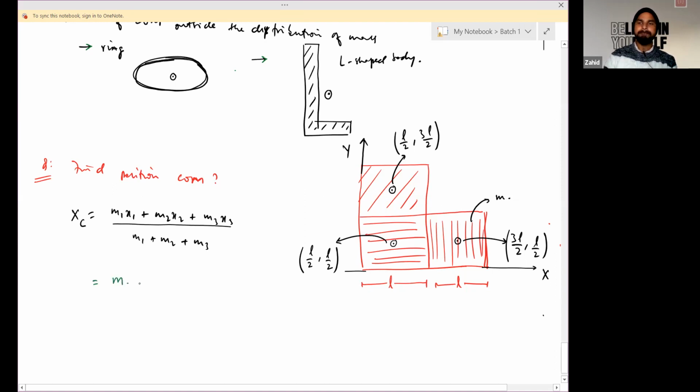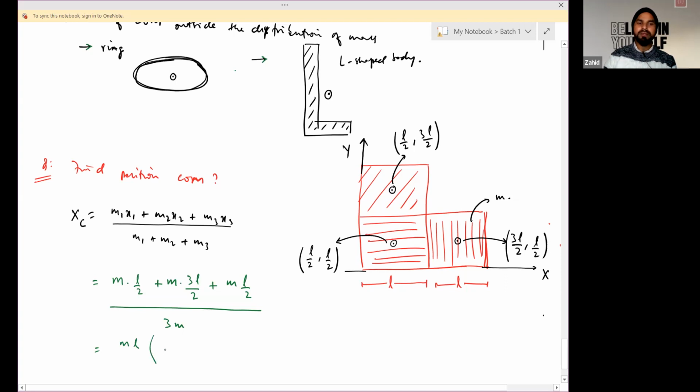M1 is M, x1 is L by 2, M2 is M, x2 is 3L by 2, M3 is M, and x3 is L by 2. Divide by M plus M plus M, that is 3M. Take out M and L as common.